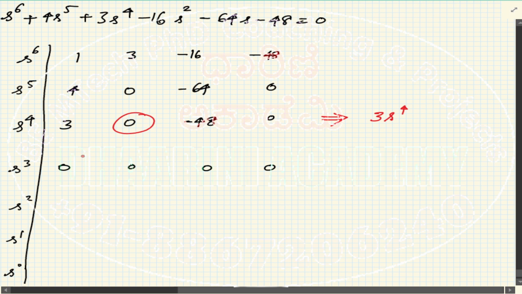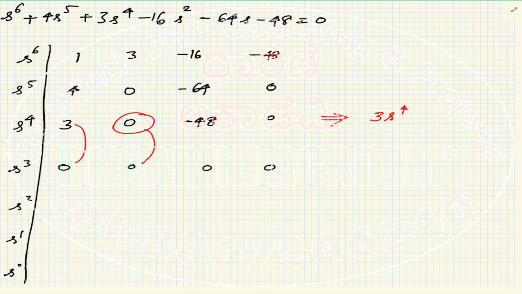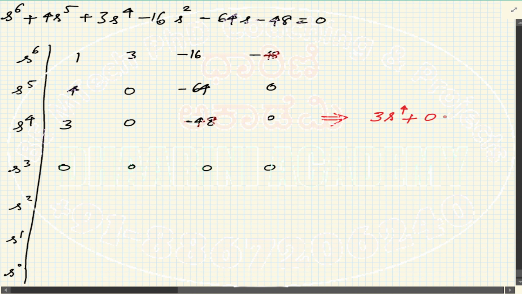If it is s to the 4, this is s to the 3. So this 0 is corresponding to s to the power 2. This is corresponding to s to the 1, right? And so on. So we have to consider the terms like this. So 3s to the 4 plus 0s square minus 48 into s to the power 0. S to the power 0 is 1. So we have this equation.